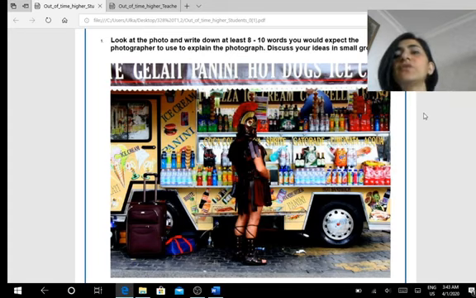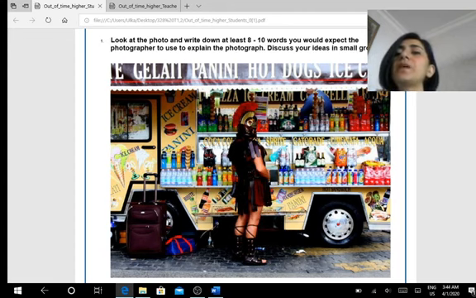The first thing that catches our attention is that there is a big contrast in this picture, between the foreground and the background. In the foreground, we can see a man wearing a very ancient costume. He is as if he is from ancient times.